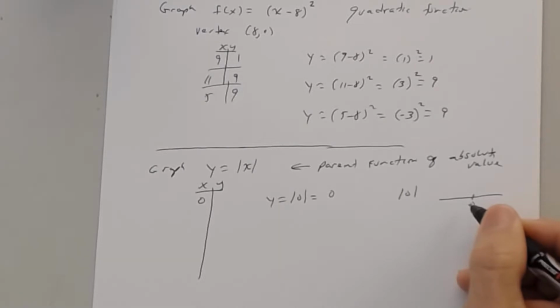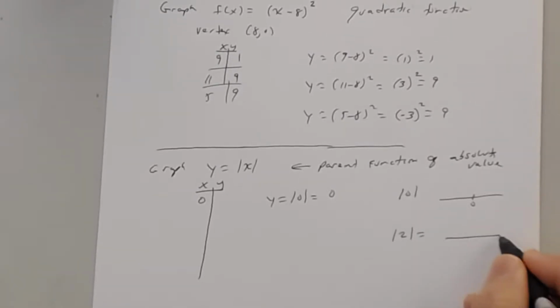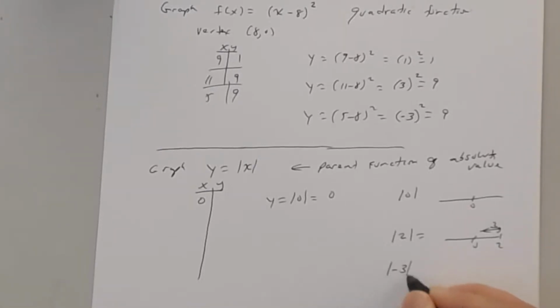For example, if I have the absolute value of 2, if this is 0, here's 2, what's that distance? 2. What's the absolute value of negative 3? 3. This is 0, this is negative 3. That distance is also 3.